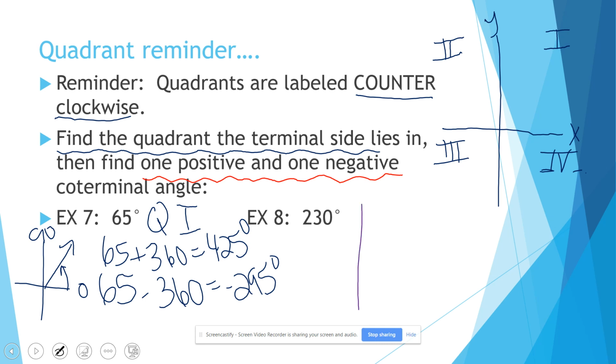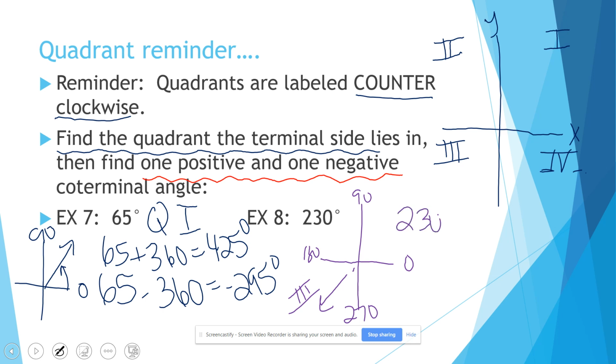Example 8, 230. So 0, 90, 180, 270. Well, 230 is going to be here in between 180 and 270. This is quadrant 3. So the terminal side lies in quadrant 3.